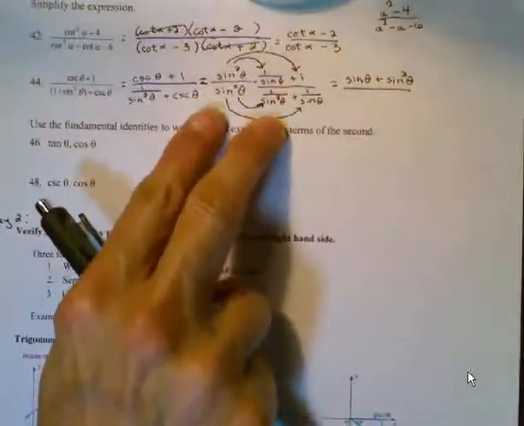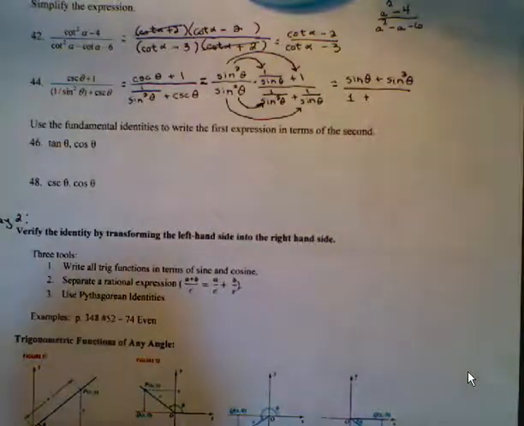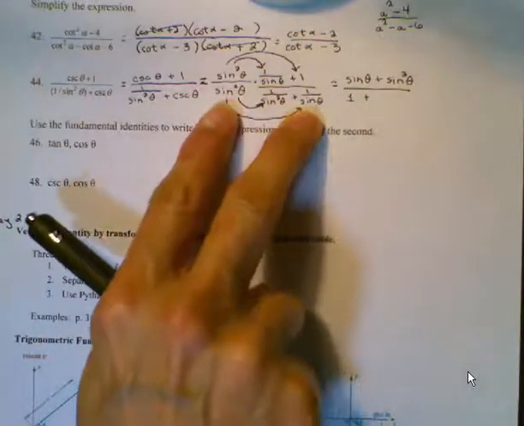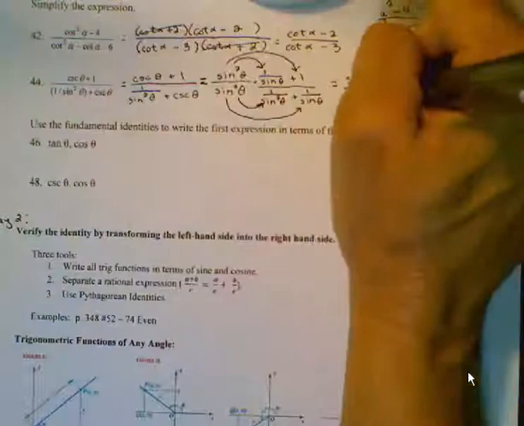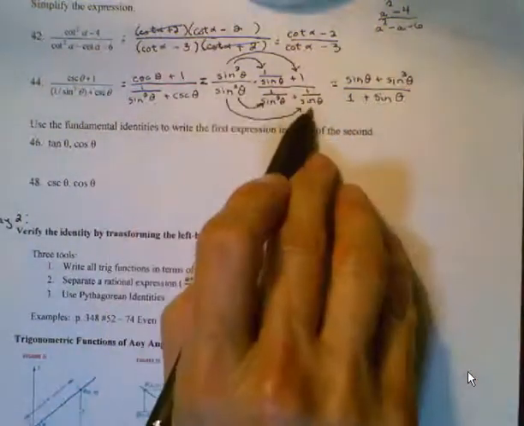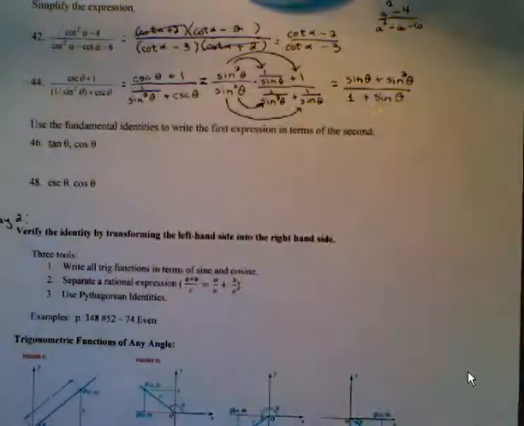First term in the denominator would just leave me 1. And the second term in the denominator would just leave me sine theta. Sine squared times 1 over sine, one of the sines cancels, just leaves me the other sine. Now I've cleaned up my complex fraction.